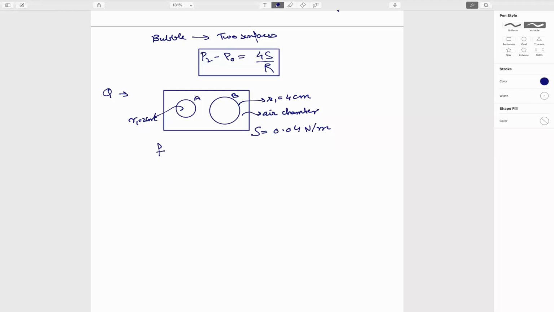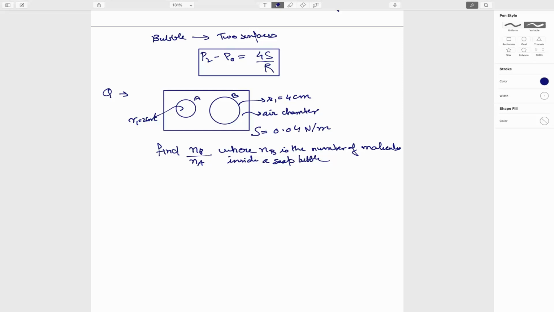So we need to find N_B by N_A. N_B and N_A are the number of molecules inside a soap bubble, because inside a bubble there is air, as I already told you.